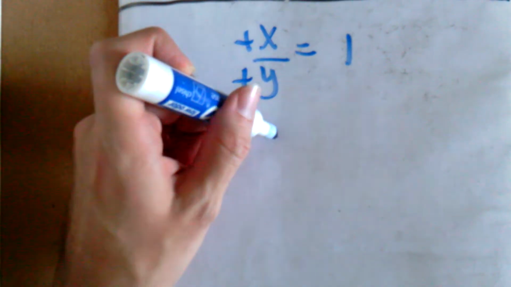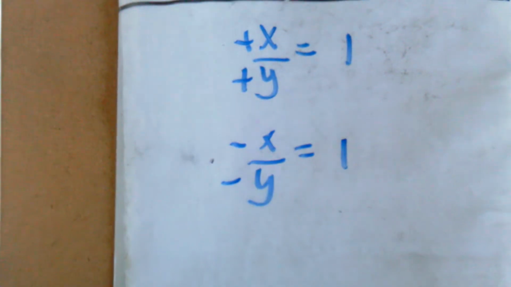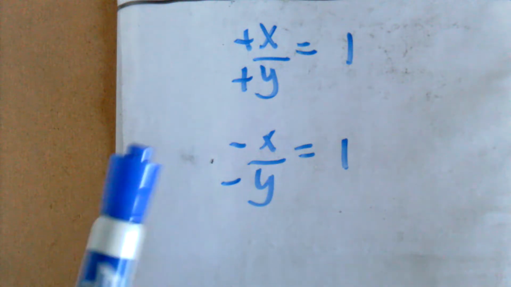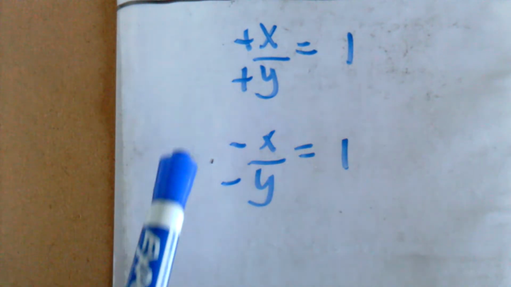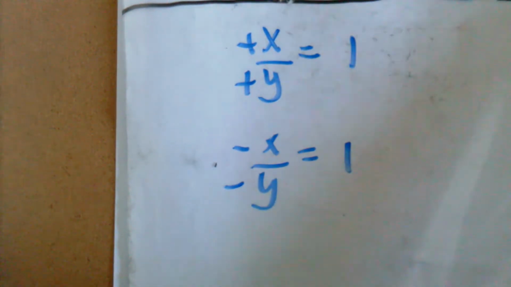That can also happen if both x over y are negative, because a negative divided by a negative is also 1, positive 1. So that tells us that cosine and sine, or our x and y, need to be the same, and they either have to both be positive or they have to both be negative. So let's look at the unit circle and see where that happens.